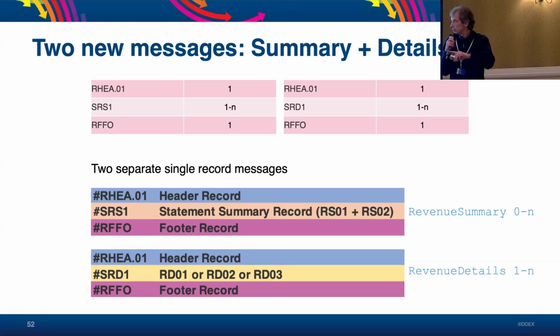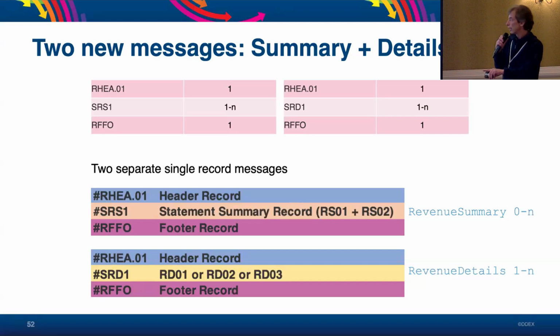And so it's really the same format for all the lines in your message, except for the header record and the footer records that you could put at the bottom of your file. And then when sending out these revenue details files, you have two options.